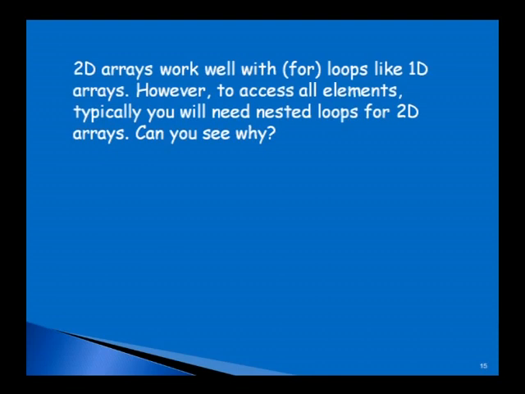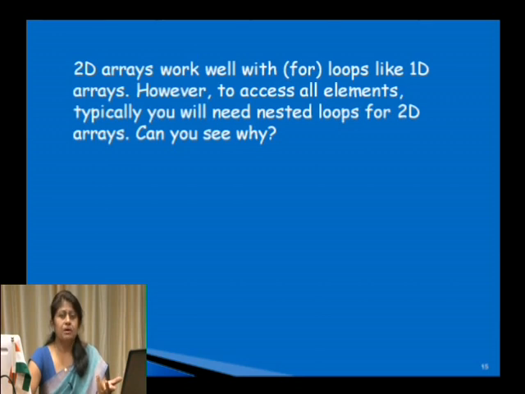The two-dimensional arrays work well with for loops, as do single dimensional arrays. Whenever we need to deal with the array elements, either we want to input the values for the array, output the values from the array, or process the elements of the array, we always make use of the for loop because it is the easiest loop statement that we could use.